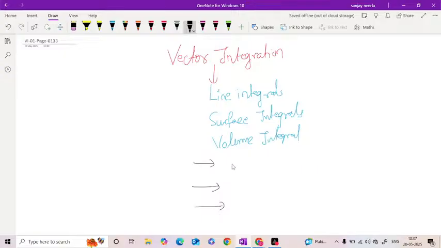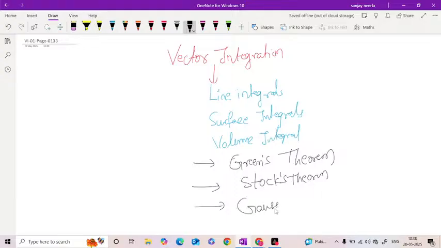One is Green's theorem. Next one, Stokes theorem. The last one is Gauss divergence theorem.